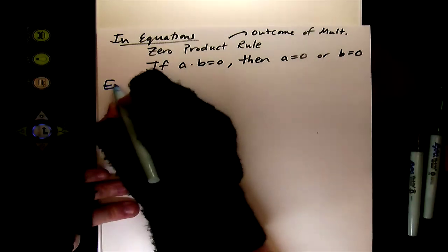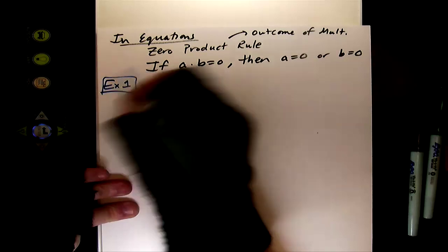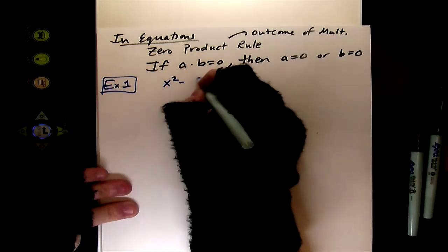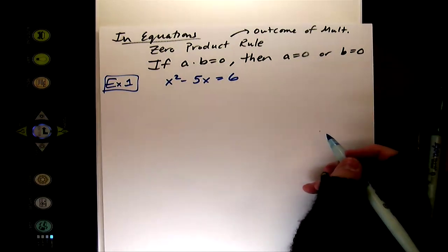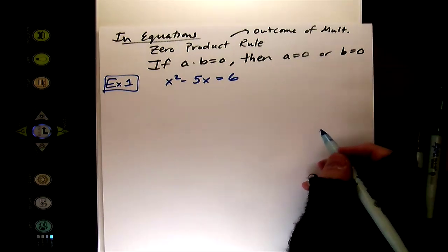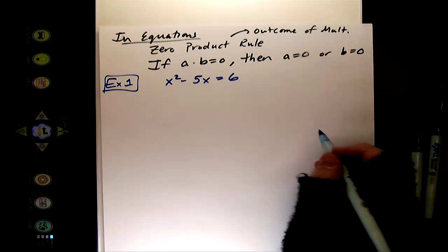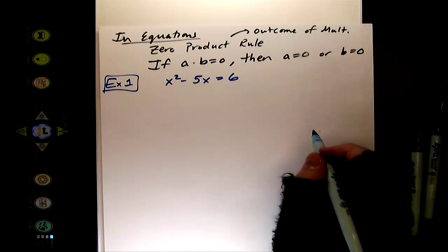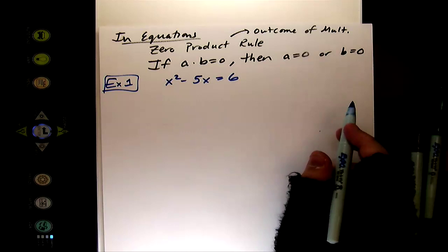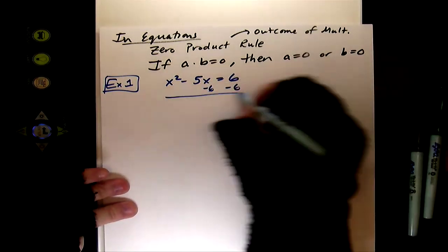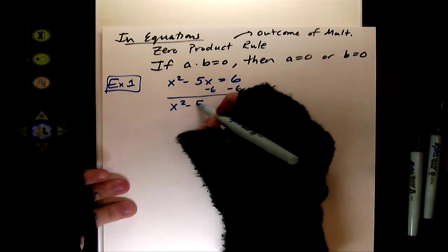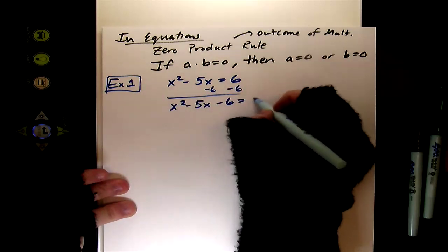Example 1. X squared minus 5x equals 6. Like, I don't see a 0 anywhere. Why is this following the zero product rule? Well, we're gonna make it have a 0. We're gonna subtract the 6 over and make this x squared minus 5x minus 6 equals 0.